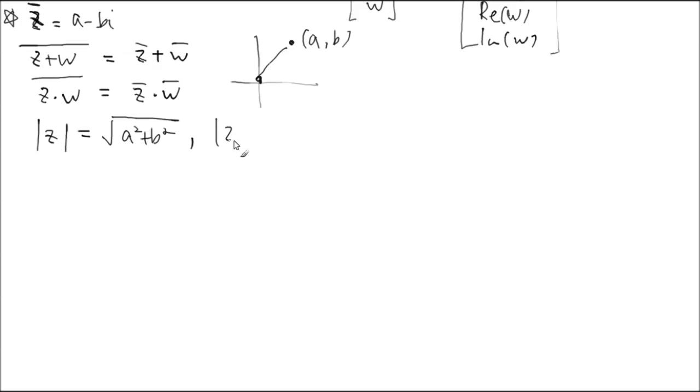If I square this length, then what disappears is the square root, right? And if you multiply z to z bar, you exactly get a squared plus b squared. A plus bi times a minus bi becomes a squared plus b squared. So these are the basic rules for first-hour complex algebra, and there are of course more, and that's the important thing.